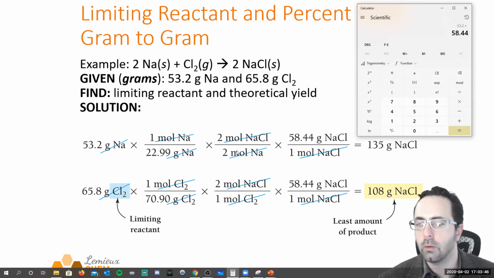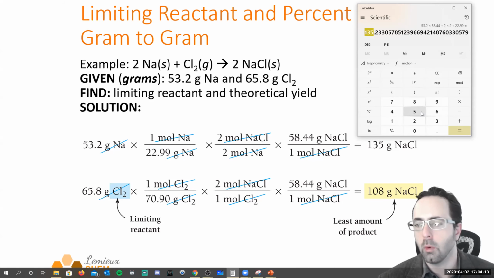Then the 2 and this 2: divide by 2 since this one's on the bottom, times 2 since this one's on the top. Then 22.99 is on the bottom, so I'll press divide before I put it in. We still get 135 grams, same as if we did it the normal way.